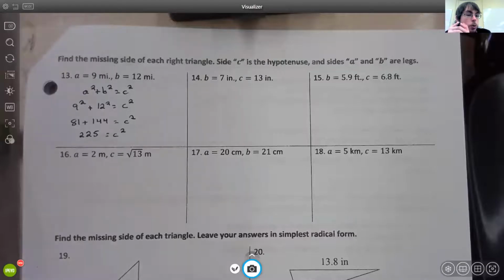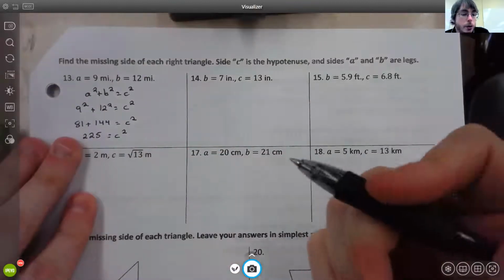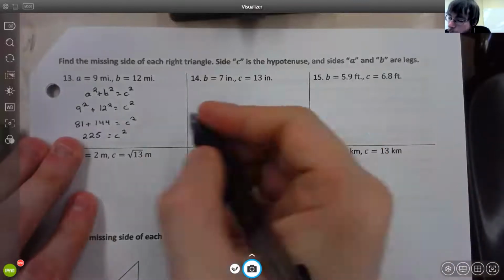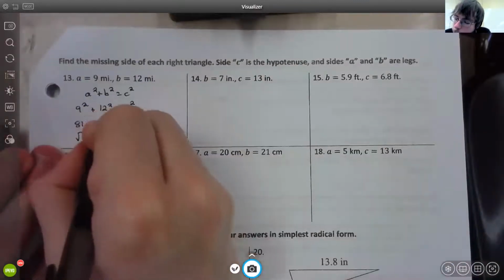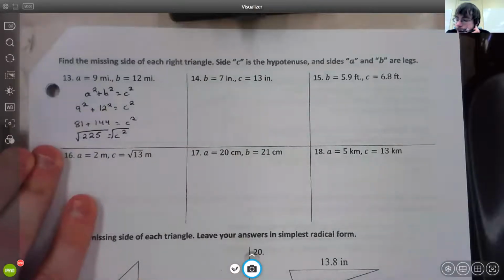But the question is, what is the opposite operation of squaring something? Well, the opposite of squaring something is to square root it. So what we need to do here is square root both sides in order to get rid of that square. Because remember, what you do to one side, you have to do the other. So we're going to square root c squared, and we're going to square root 225.